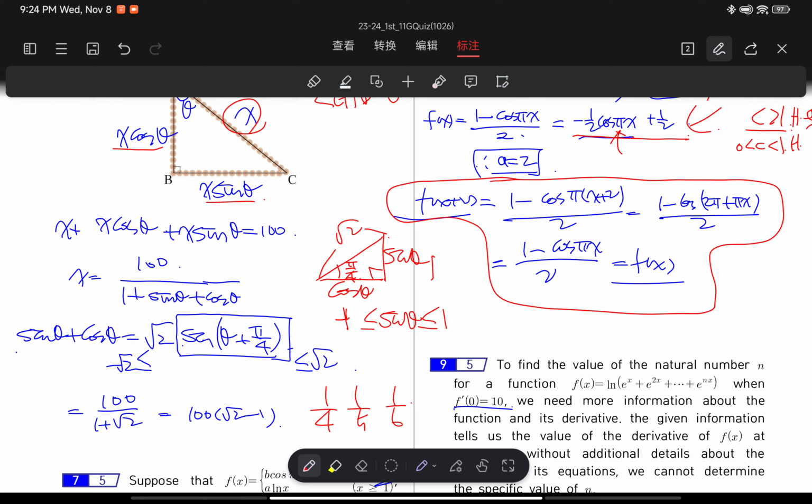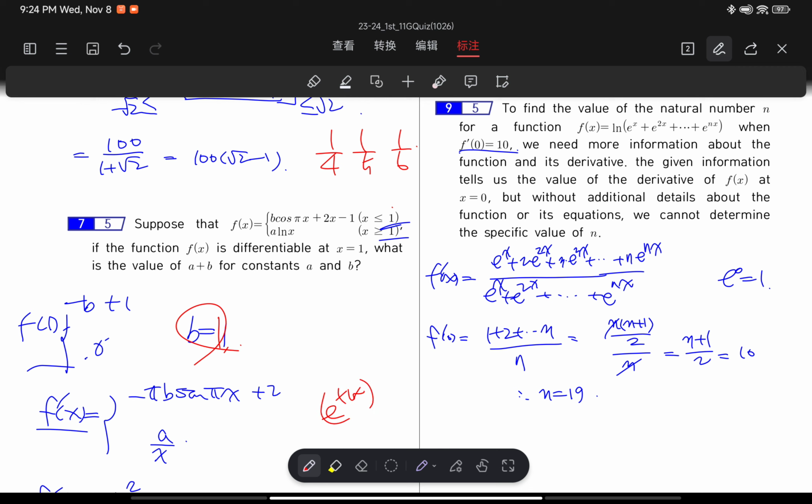Blah blah blah blah. So the derivative of e to the f(x) equals f prime x times e to the f(x). So using these properties, f prime x equals e to the x, e to the 2x, blah blah until e to the nx, and the denominator is e to the x, 2 times e to the 2x, 3 times e to the 3x, blah blah blah, to n times e to the nx.